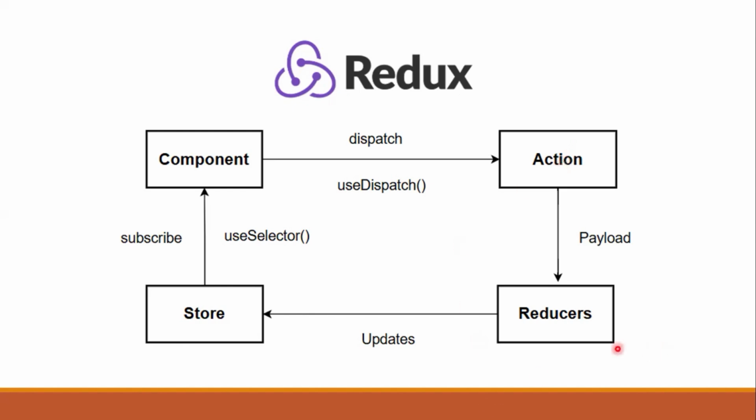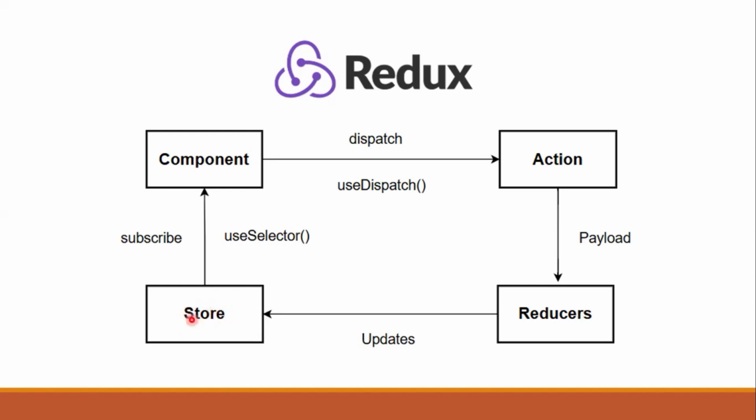Then we have reducers. Reducers are pure functions that take the current state and an action as input and return the new state based on the action type. When we talk about Redux, there are a few key principles. Our store is the single source of truth. That means all the application state is stored in a single store.